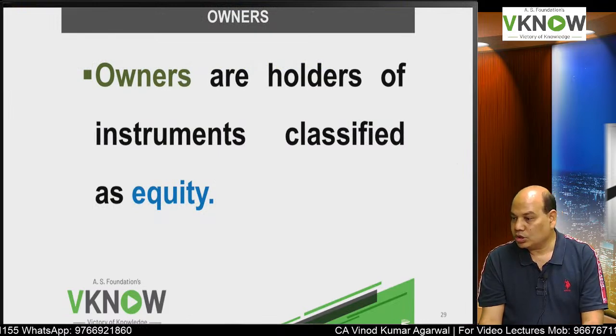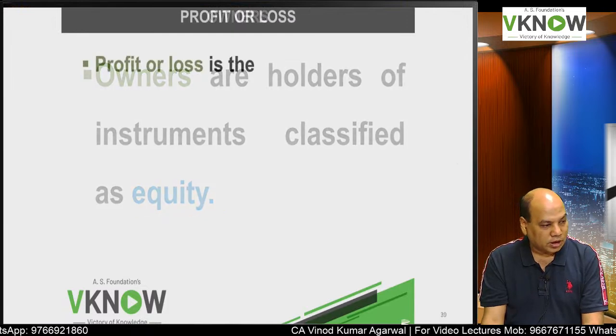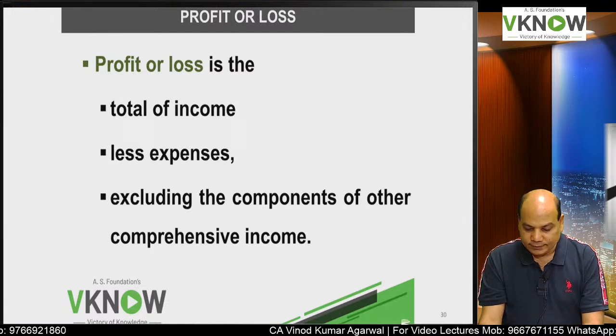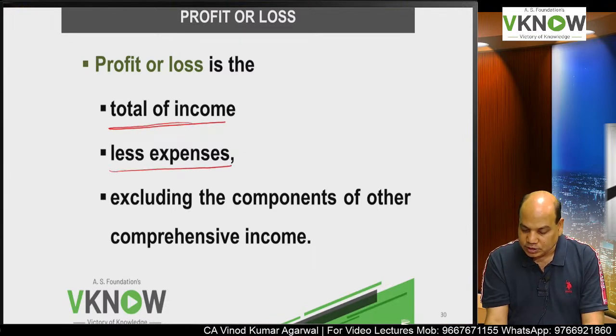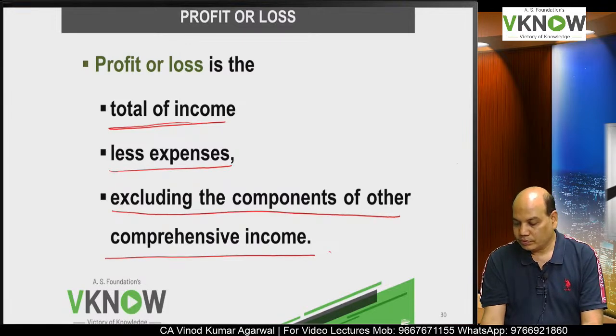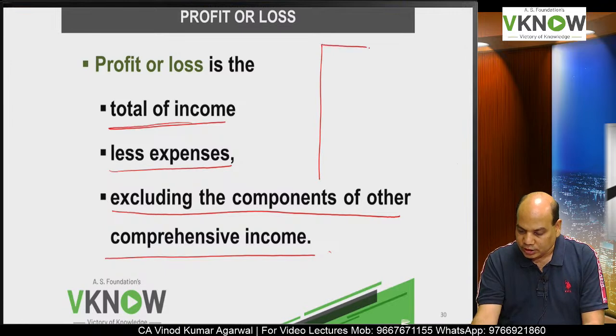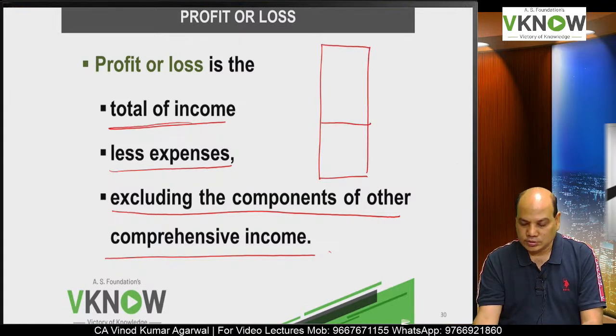Then the next is owner. Owners are those who hold equity instruments. Then what is profit or loss? Profit or loss means total of income less expense excluding the components of OCI. So Ind AS companies will divide their profit and loss into two parts.